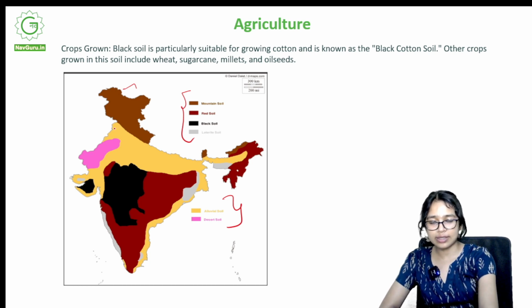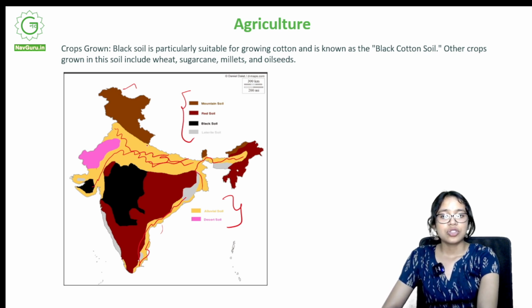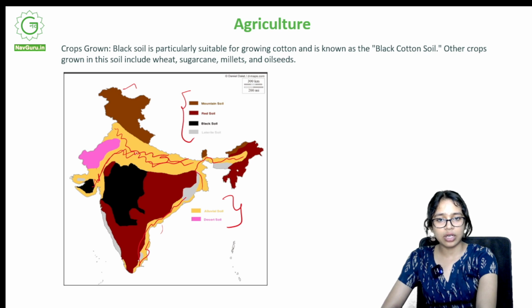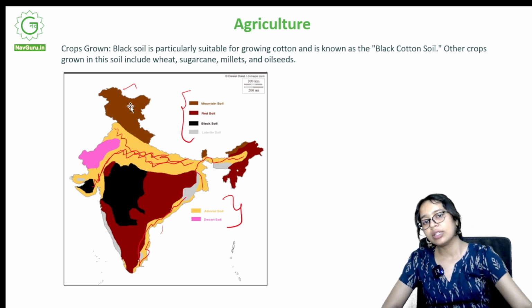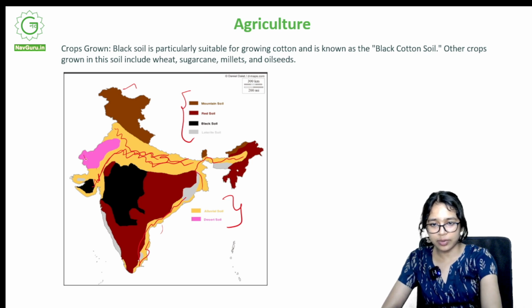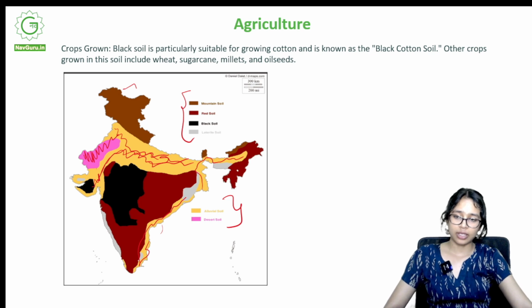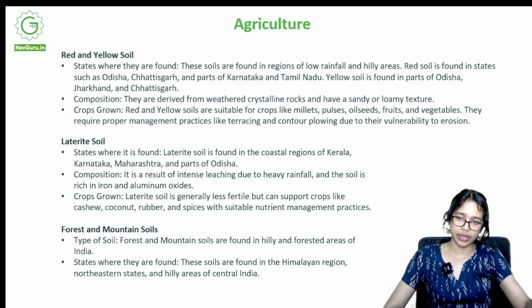So over here, see this yellow region, it's the basin of the Ganga, and over here there are other rivers of the Brahmaputra and Ganges. So these areas hence have a large amount of alluvial soil. Over here, the pink portion that you will see is desert soil, because this is the desert part of India, the Thar desert and that region.